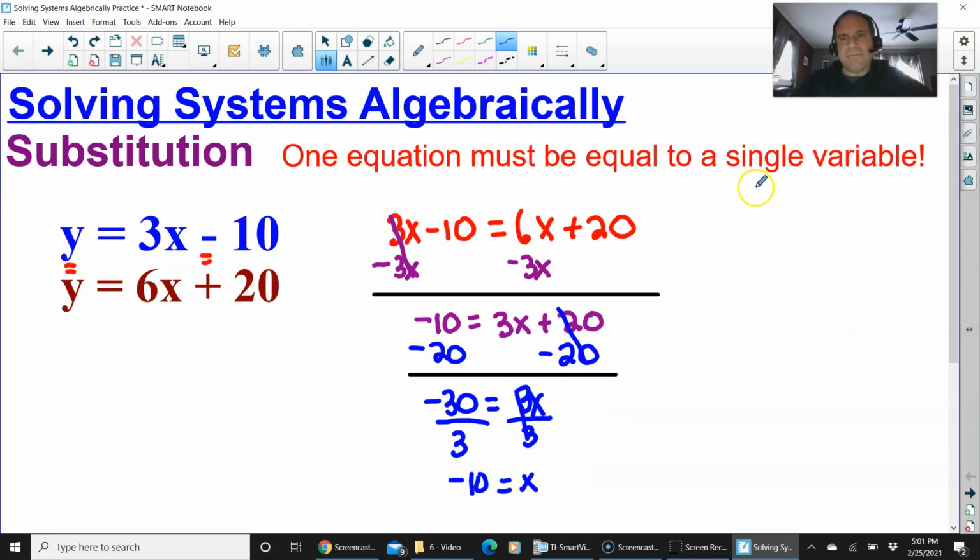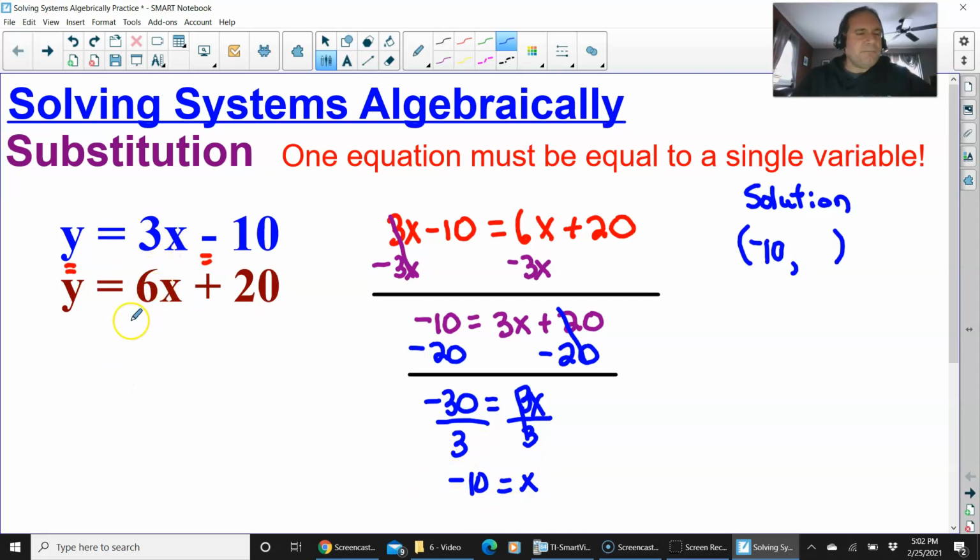Your solution is always in coordinate form, so you have to have it in x comma y form. This is negative 10, but we don't have a y. So we're going to pick one of these equations, and it doesn't matter which one we choose. You can pick the first one or the second one, and you substitute your x of negative 10 into it.